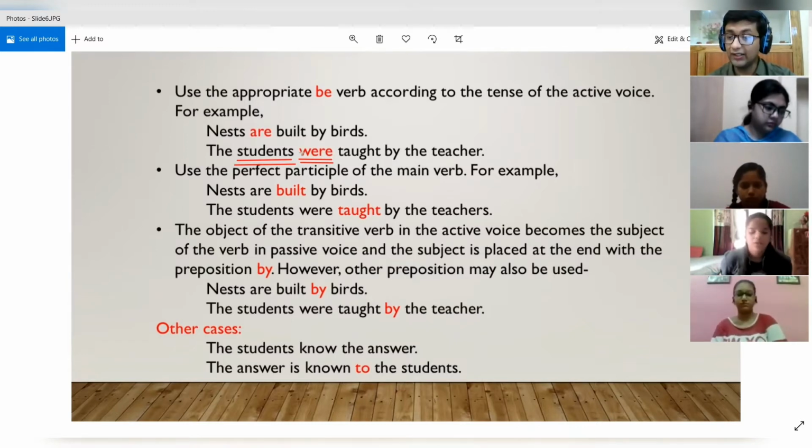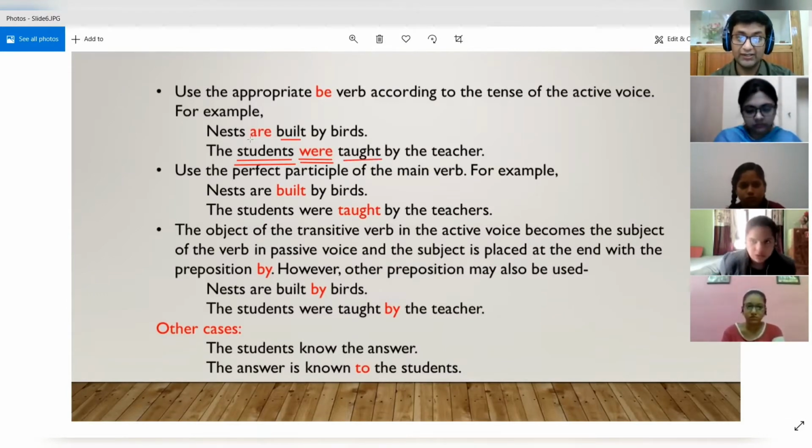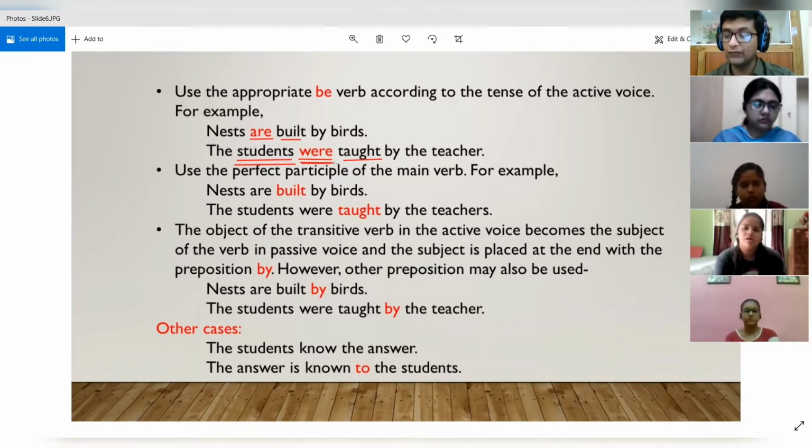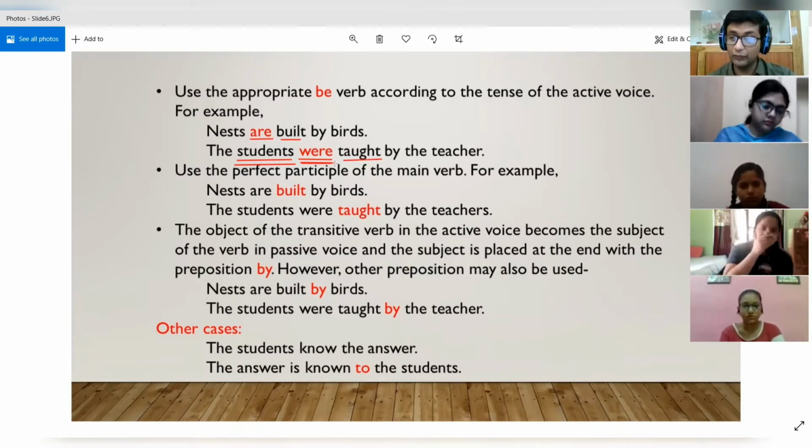And the second thing is we need to add an auxiliary verb to the main verb. The main verb in this sentence is build, and the main verb in the second sentence is taught. And in both the sentences, we have added an auxiliary verb, be, for are over here and were over here. So these are the first two changes that we made to convert the sentence from an active voice into a passive voice. Now we will see what is the third change that we have to make.